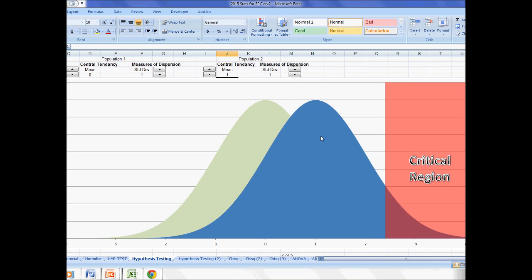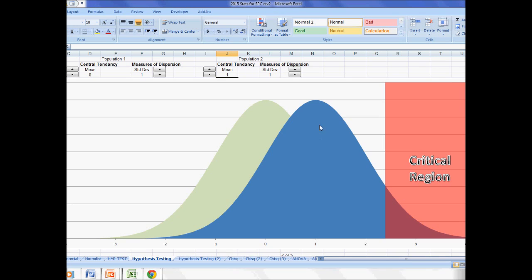Is it running differently? And what hypothesis testing does is, instead of guessing whether it is or practically looking at it, it looks at it statistically. It says, I can tell you with a certain amount of confidence of whether or not these two distributions are different.